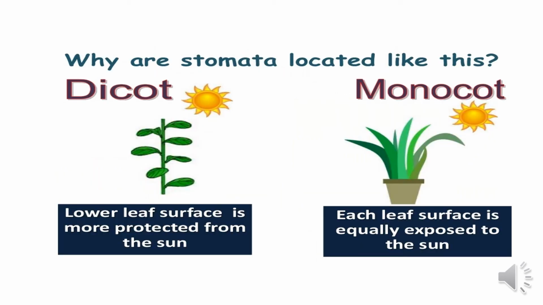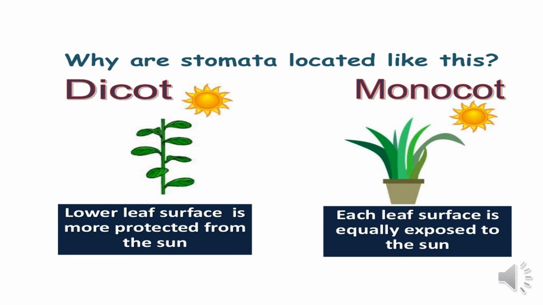Why are stomata located like this? The lower leaf surface is more protected from the sun. I told you why stomata in the dicot are present on the lower epidermis: because the lower surface is more protected from the sun, and water loss can be prevented if they are present on the lower epidermis. In the case of the monocot, each leaf has equal exposure to the sun, because leaves are arranged in such a manner that each leaf has equal exposure to the sun.